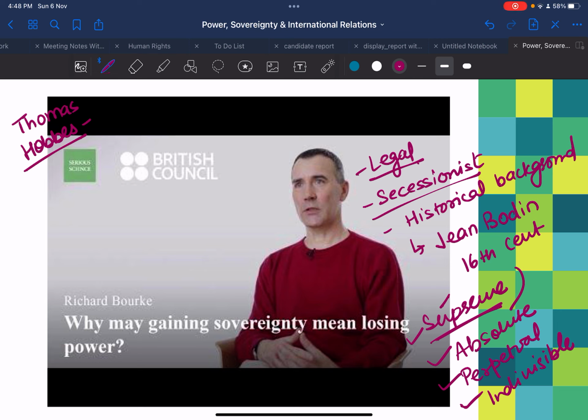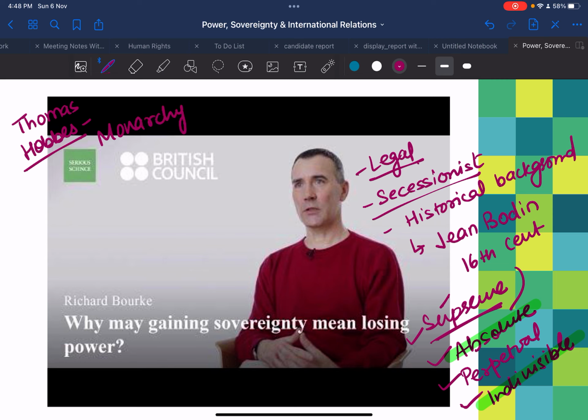Hobbes was one of the founders of the realist school of thought, who considered human nature as nasty, and he focused more on the absolute and indivisible form of sovereignty, right? He admitted different types of regimes and locations of sovereignty, but for him the preferable one was monarchy.